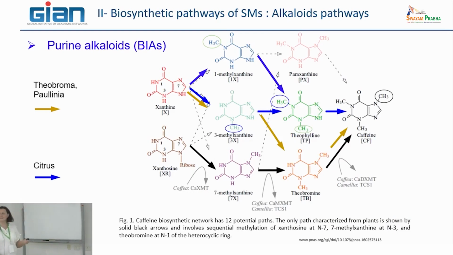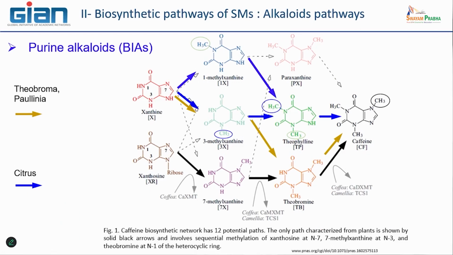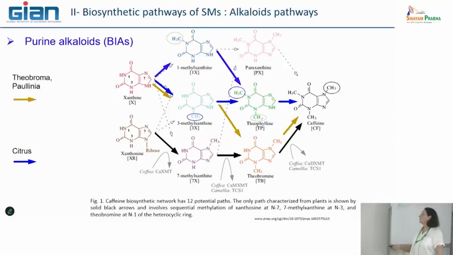But what is interesting is that depending on the plant, citrus, mamra, pollyanna, they have exactly the same precursor, but some enzymes have been identified that propose different pathways to arrive at the final product. Lots of pathways here have not yet been completely deciphered.